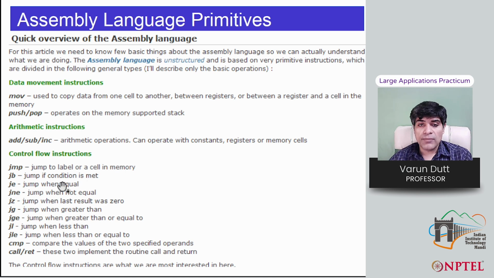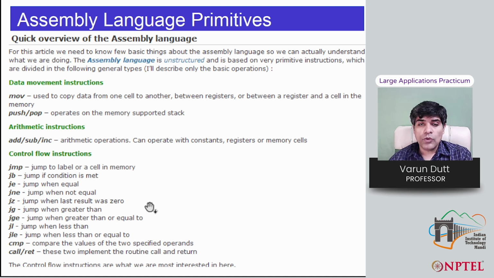JE, jump when equal, JNE, jump when not equal, JZ, jump when the last result was 0, JG, jump when greater than, JGE, jump when greater than or equal to, JL, jump when less than, JLE, jump when less than or equal to, CMP, which compares the values of the two specified operands, call and return, which allow us to implement subroutine calls and return statements.